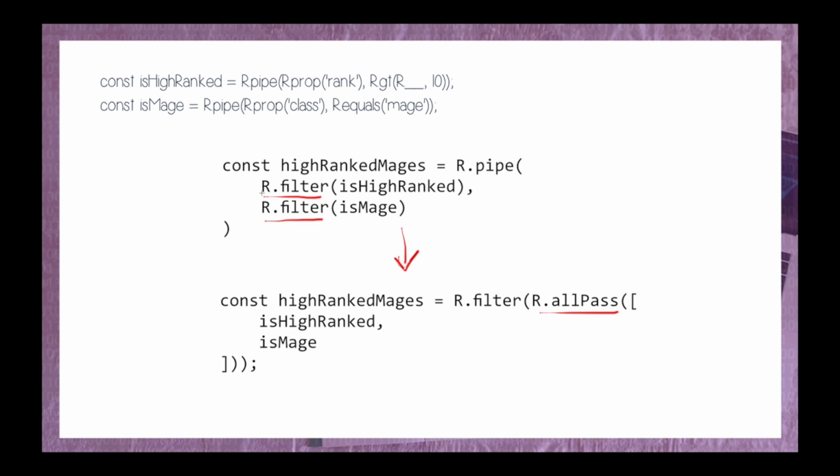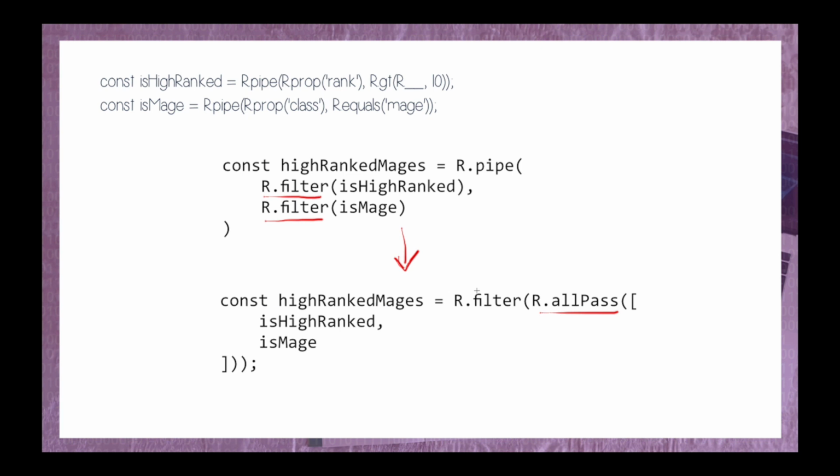We are using here two adjacent filter operations, but as it was in the case with maps, there is a problem because this first filter expression is going to produce an intermediate array, and then we are going to iterate over this again with another filter function.